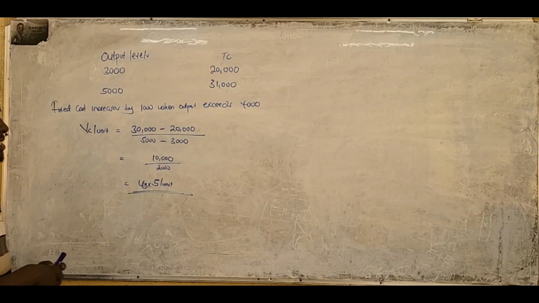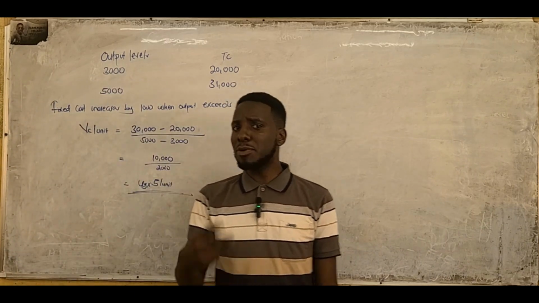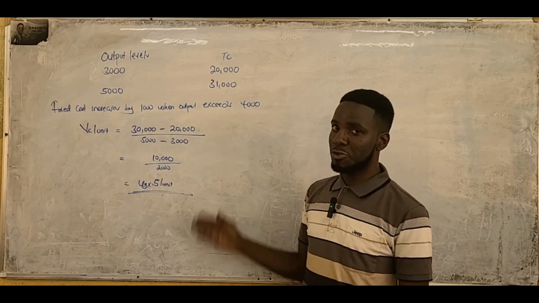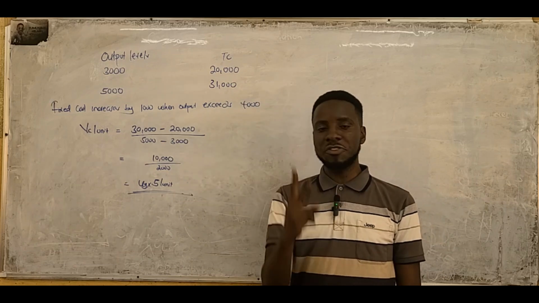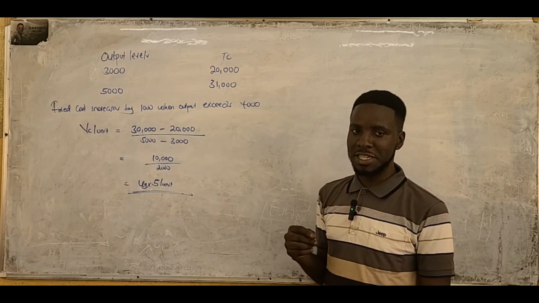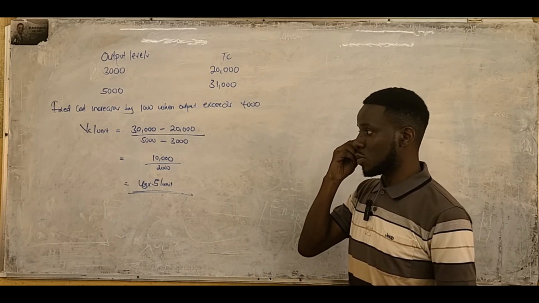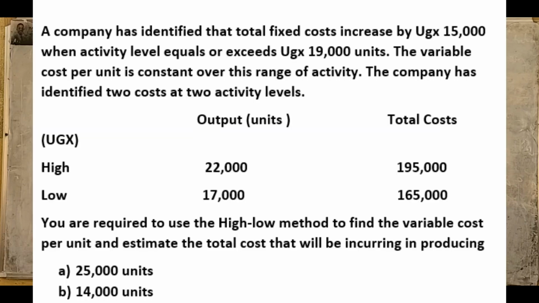But then, when we are calculating later on, we are supposed to come up with two different equations because these are two different groups, for the two different ranges. All right, so allow me to rub this off and then I take you through a certain question, then I will show you how we can go about this.